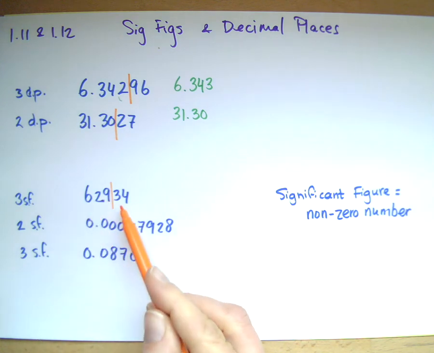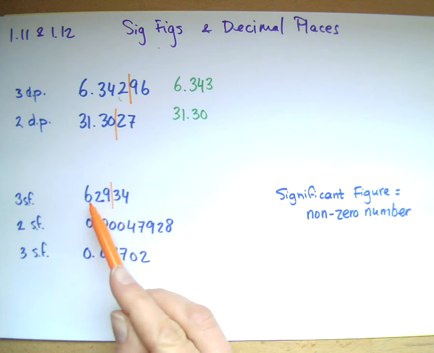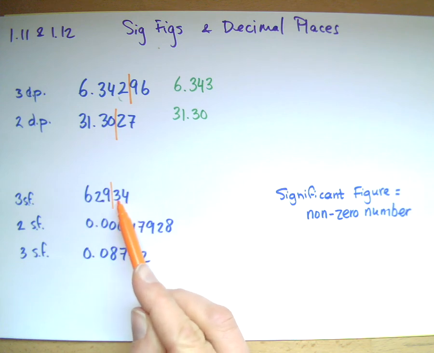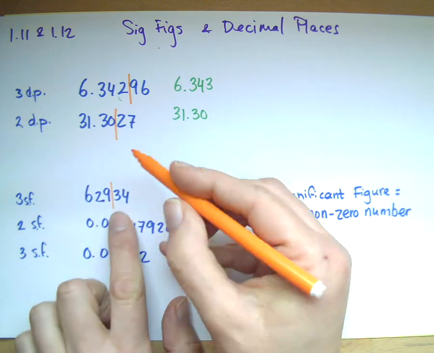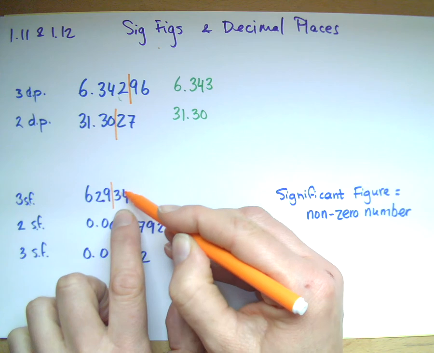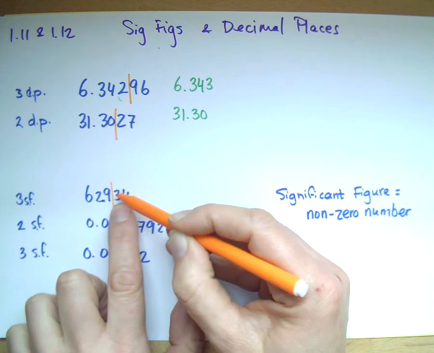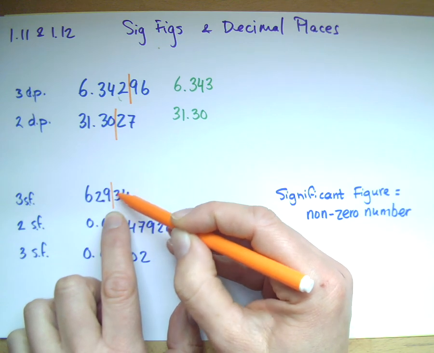Now we don't want to change this 62,934 into all of a sudden 629, right? We need these places. We need these to be zeros. So we put zeros in for these 2 numbers, but we also need to look at this first number behind the line that we drew to see if we round down or up.